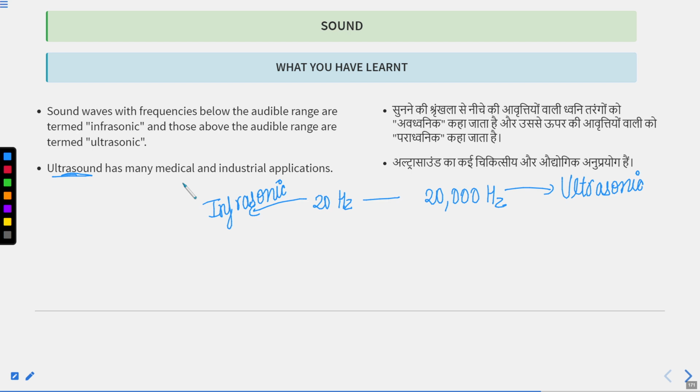Then we learned new terms: amplitude, loudness, pitch, note, tone, and then echo, reverberation, laws of reflection. After that, we learned about the applications of sound, hearing range, hearing aid, infrasonic, ultrasonic, and how ultrasound is used in different areas.